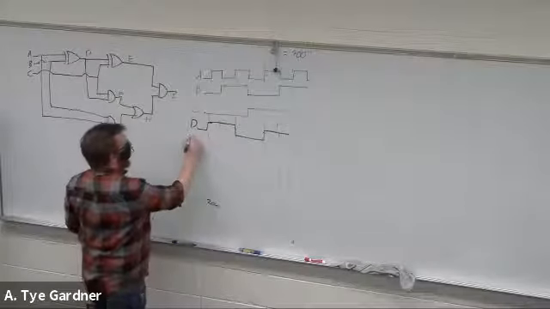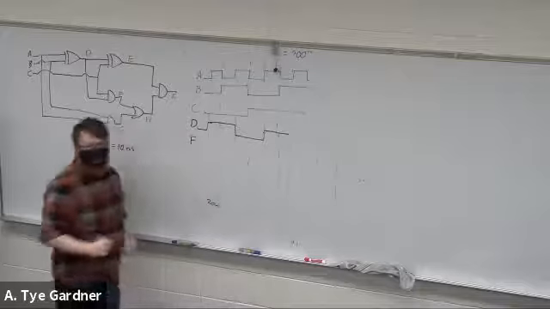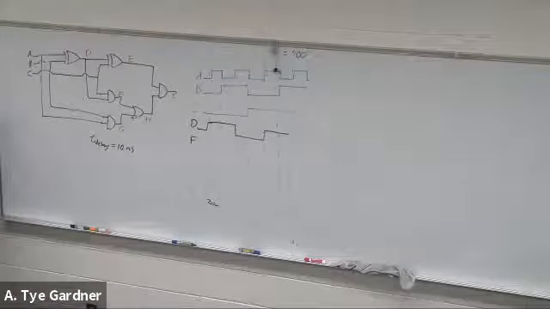Now, it turns out that it's actually going to be easier for me to do F before I do E, because now I'm just comparing D and C. And that's just an AND gate, right? Nothing hard here. It's just when is D and C both true?